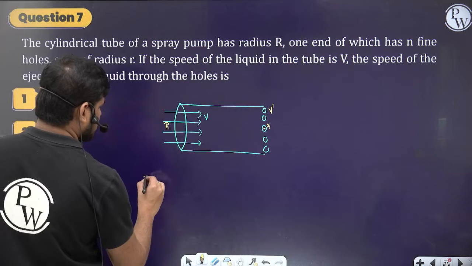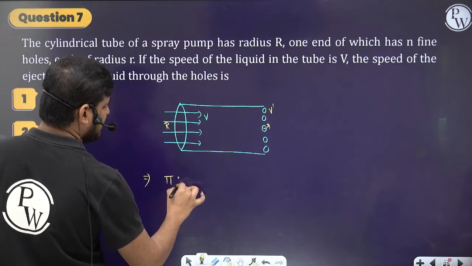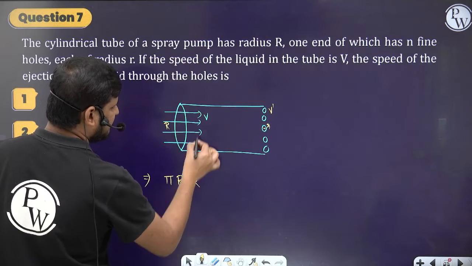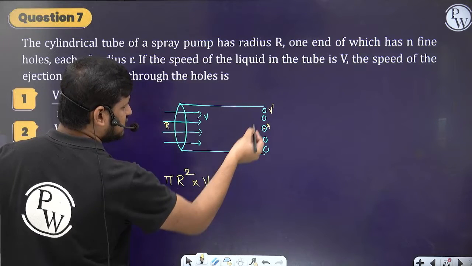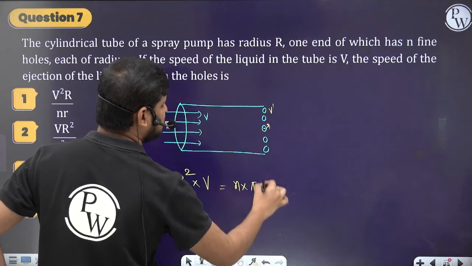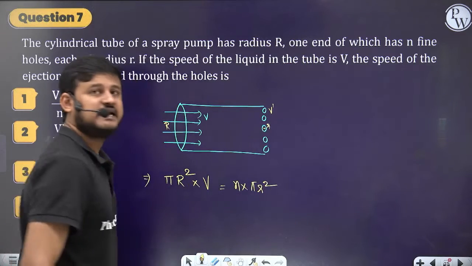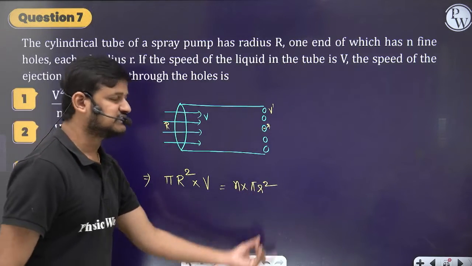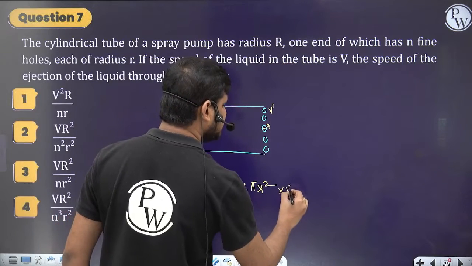So what's the cross sectional area here? Pi r square, and the velocity V is equal to, here n number of holes are there, n into pi into, each one has radius r, so n pi r square into the velocity in each, which is V dash.